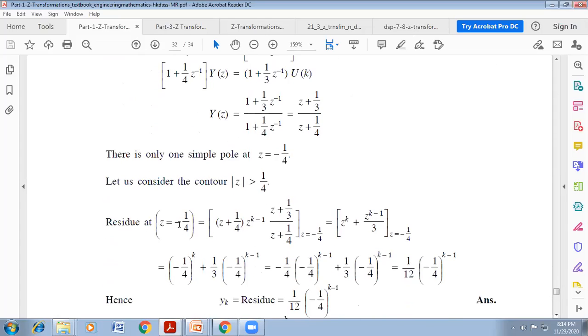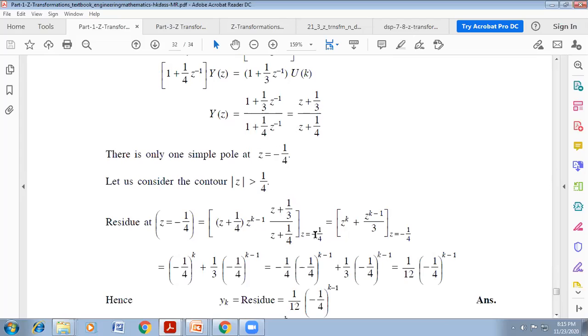Then the residue at z equals minus 1/4. Now we are using the residue theorem, which we applied in our previous lecture. At z equals minus 1/4, (z plus 1/4) times z to the power minus k, according to the definition of the Z transform, and this (z plus 1/3)(z plus 1/4), at z equals minus 1/4.